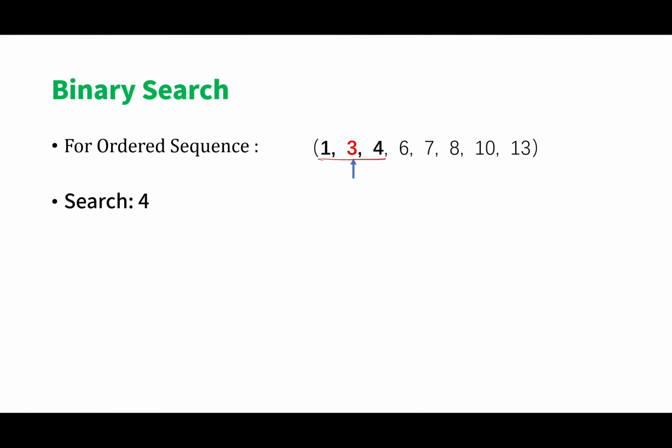In this half sequence, we will compare the search element with the middle element 3. 4 is larger than 3, so we will search on the right half of the sequence. This sequence has just one element. When we compare the middle is this element. They are equal, so we find it.